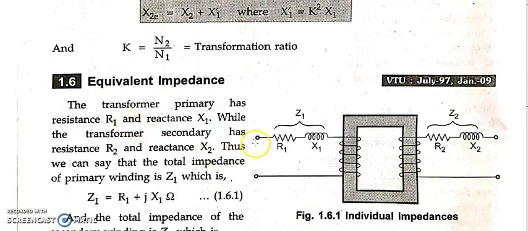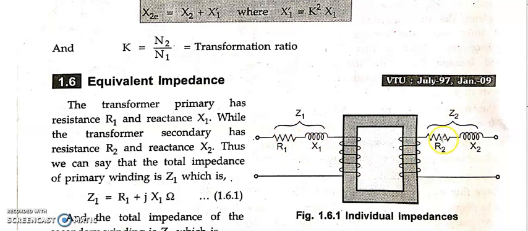Initially in the diagram we had R1 and R2, then X1 and X2 came into the picture. Now we are combining them. R1 and X1 are present in the primary winding, whereas R2 and X2 are combined in the secondary winding. R1 and X1 together can be called the total impedance of the primary winding, that is Z1.